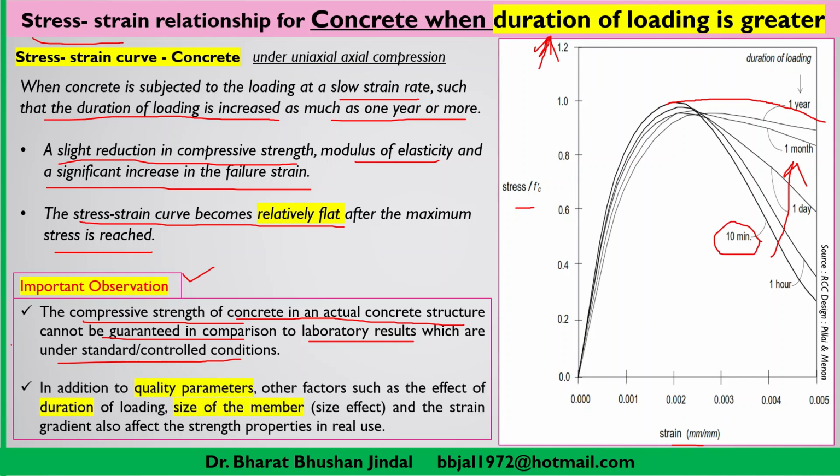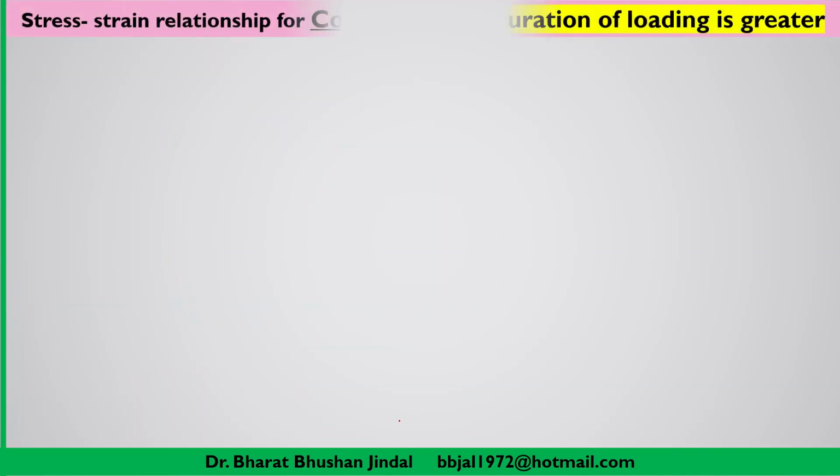In addition to all quality parameters, other factors such as the effect of the duration of loading, which we discussed just now, the size of the member, that means there will be some size effect, and the strain gradient also affect the strength properties in real use. In the next slide we will understand it more effectively.